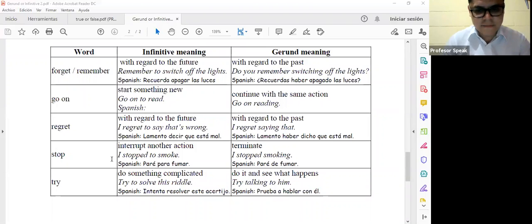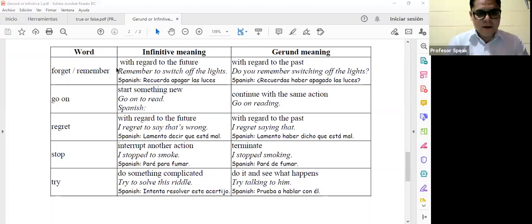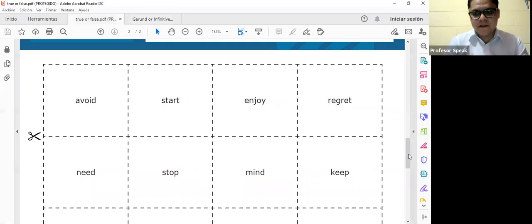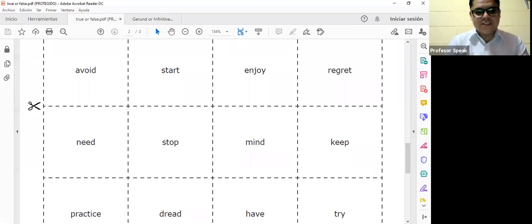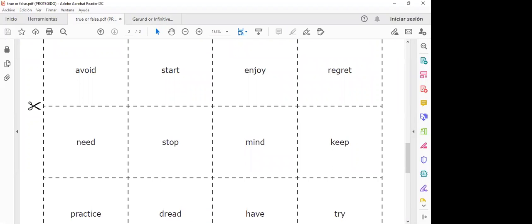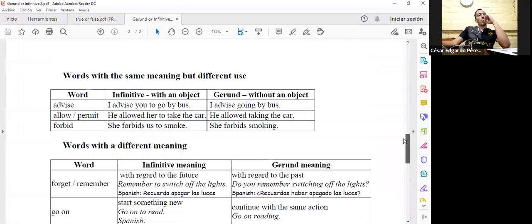Okay, all the time, a gerund. What about the next verb? Keep. Okay, keep is followed by a gerund or infinitive.